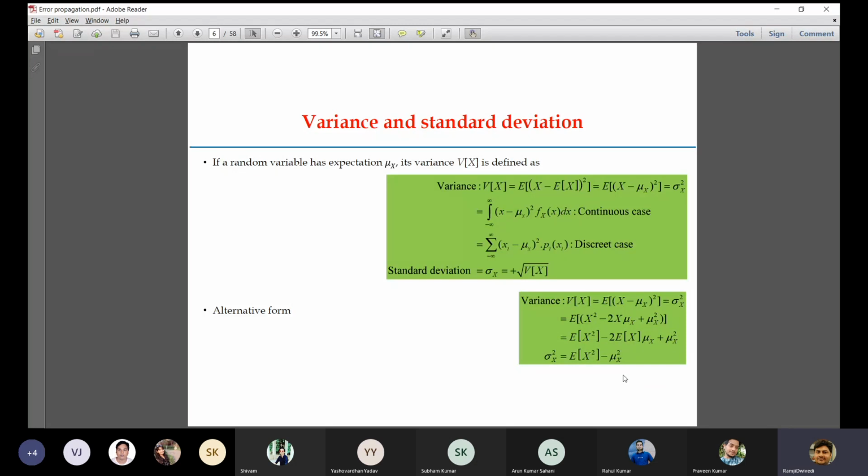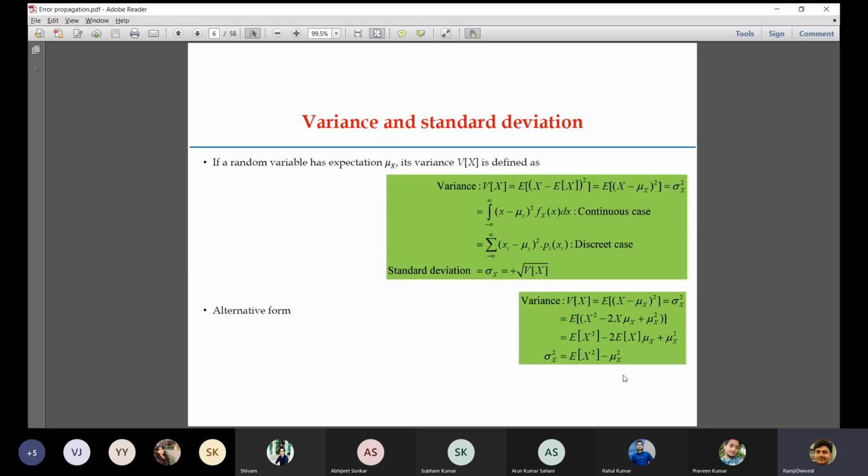Sir, we can write E of x square minus E square of x. Say again, E of x square minus E square of x. Why complicate?